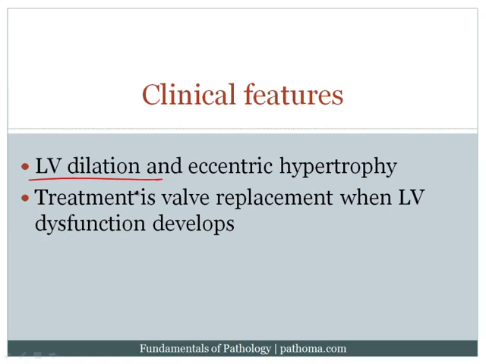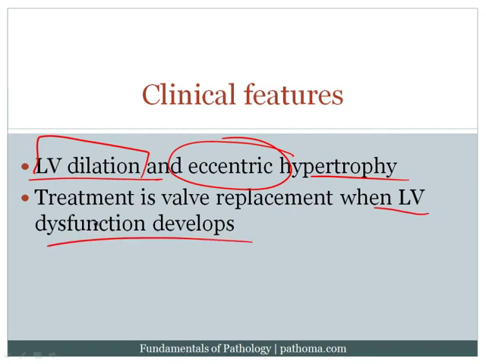And one of the important features of volume overload is that you get hypertrophy, but it's an eccentric hypertrophy, where it involves one aspect of the ventricle as opposed to the entire concentric ventricle. And so they call that eccentric hypertrophy, and it's classically seen with volume overloaded states. Now the treatment will be valve replacement once left ventricular dysfunction develops.